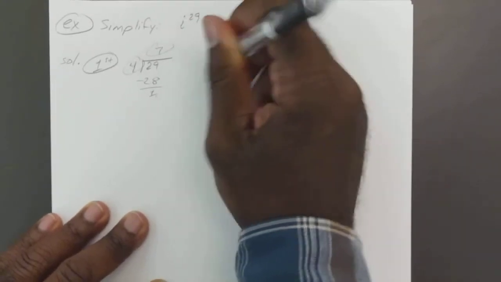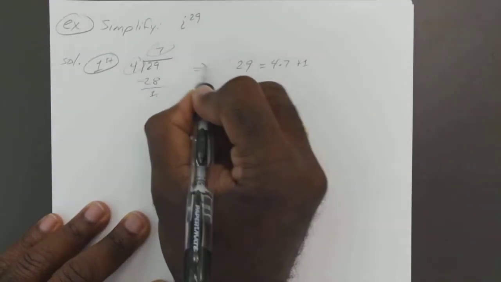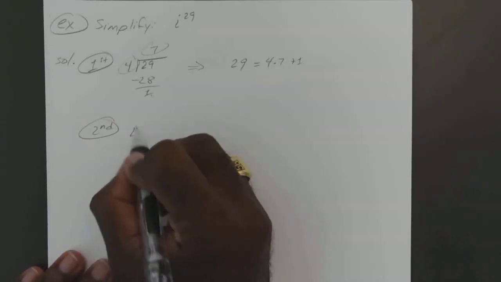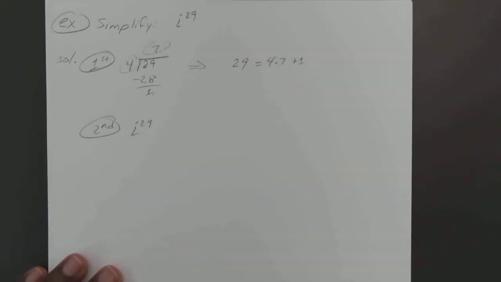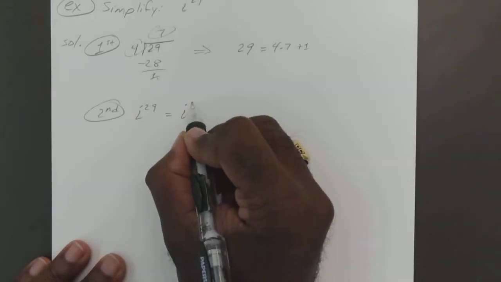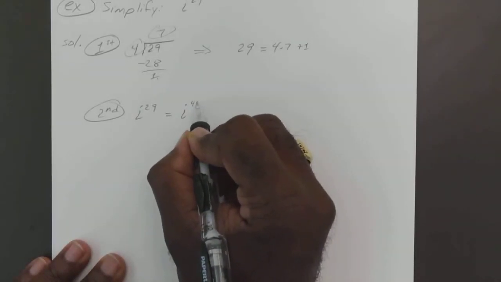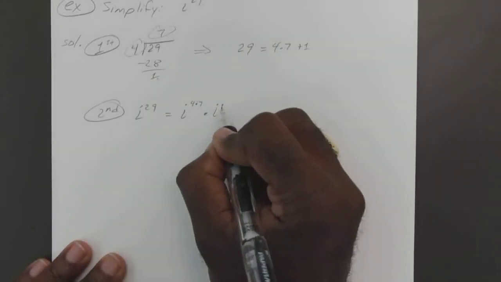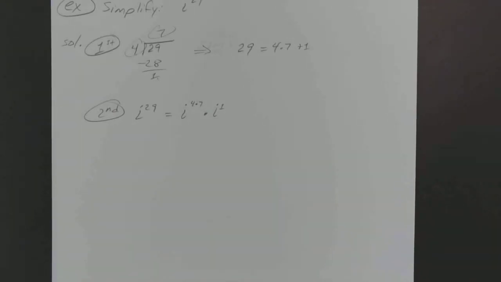That's still the first step. Rewriting it is the second step. Now your second step is i to the 29th power will now become i to the 4 times 7 times i to the first power, or just i.